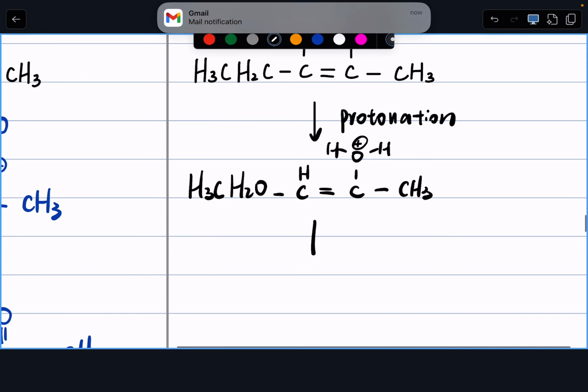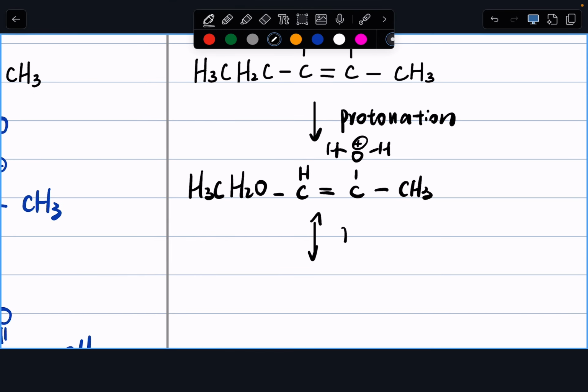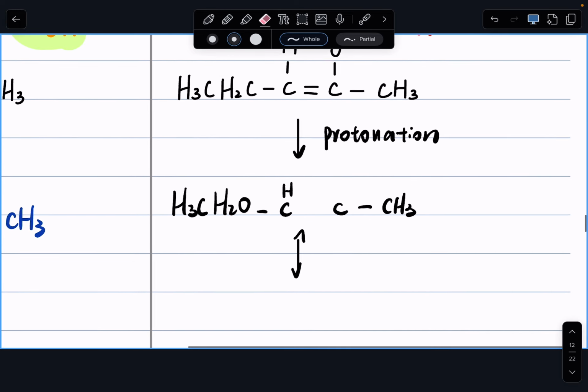Likewise, this undergoes resonance. Or what we're doing here is pushing this one. Actually, I think I did it the wrong way. I should do it the other way around. It's not your oxygen attacking the hydrogen.